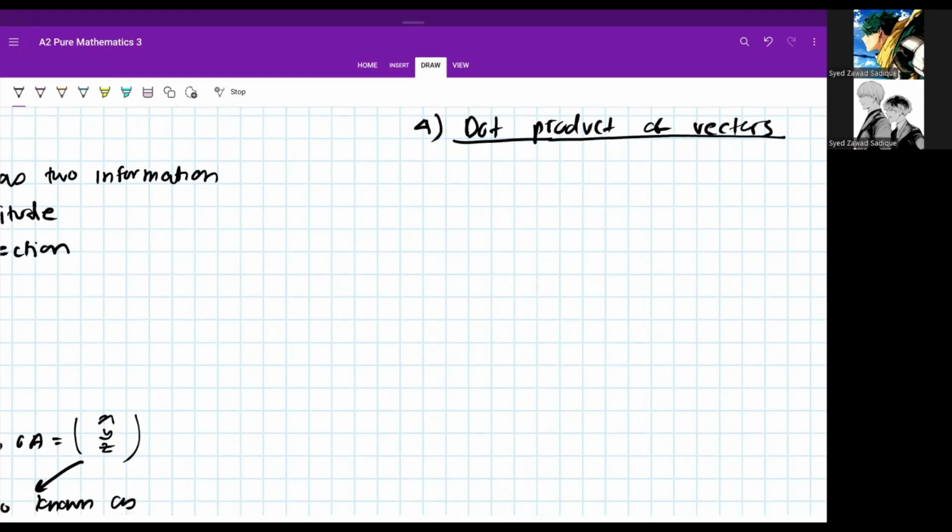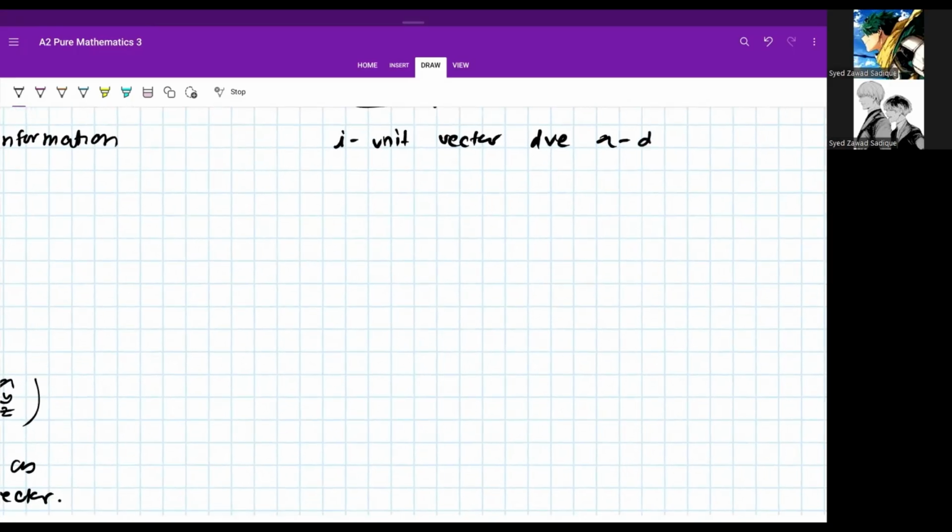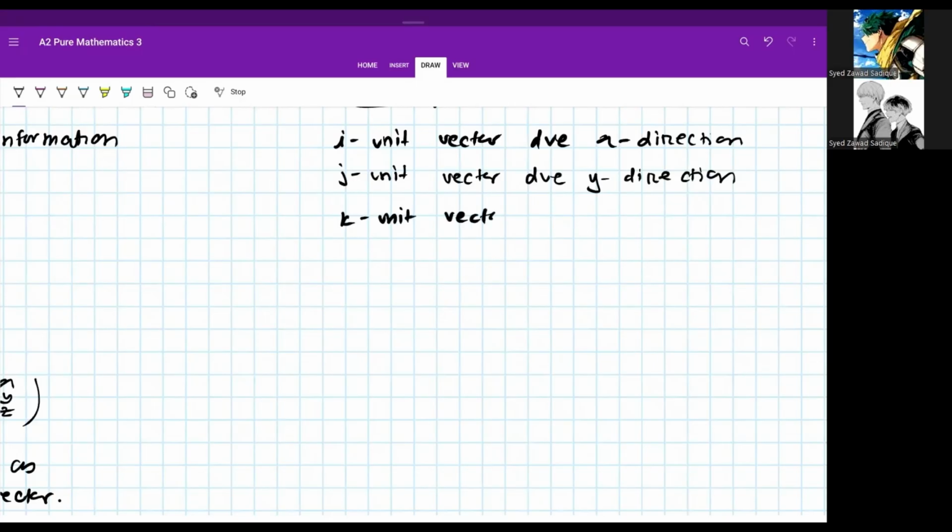So we know that i is the unit vector in the x direction. j is the unit vector in the y direction. And k is the unit vector in the z direction.